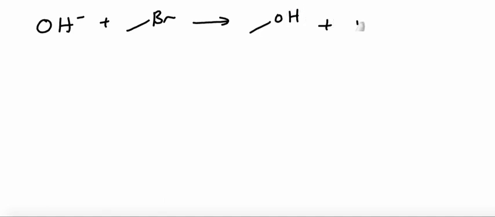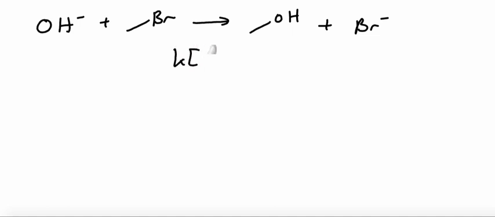Suppose we have a hydroxide ion reacting with methyl bromide in a substitution reaction to give methyl alcohol plus bromide ion. When we run this reaction, we find it has a pretty simple rate equation.